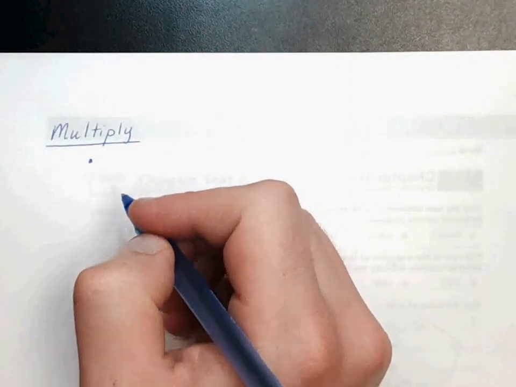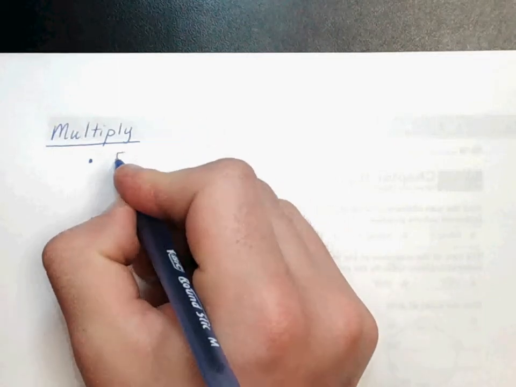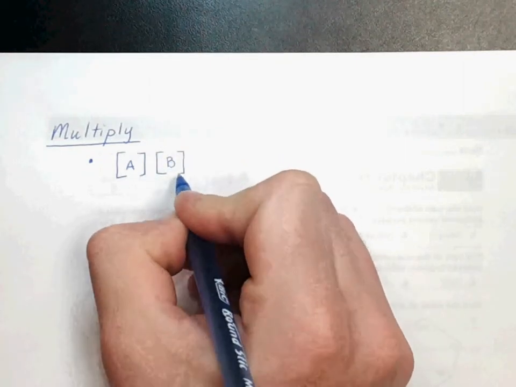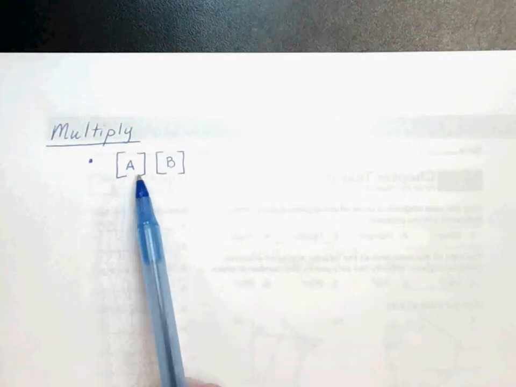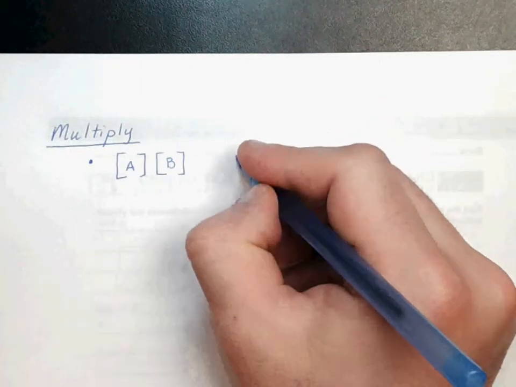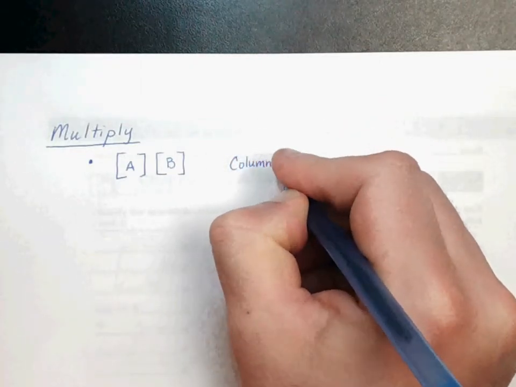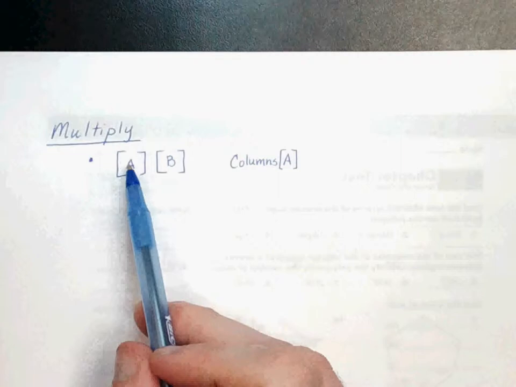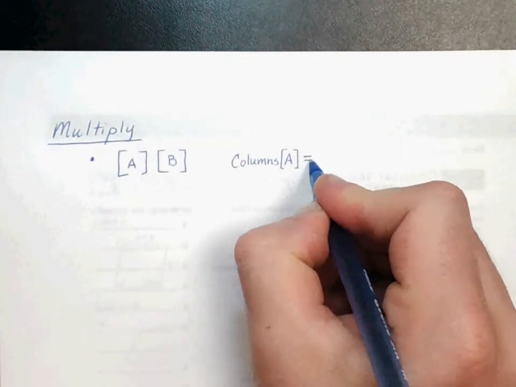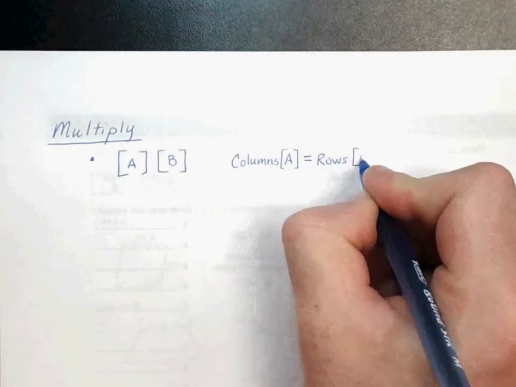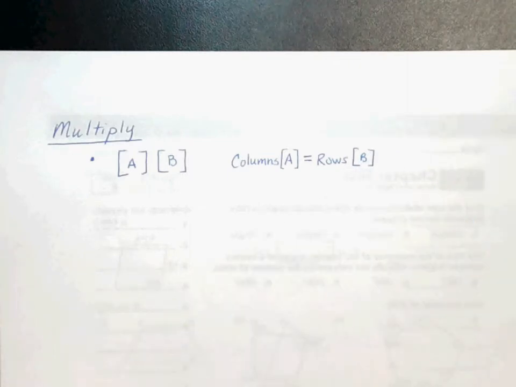Okay, when we multiply, if I have two matrices, okay, so I've got this matrix A and this matrix B. In order to multiply two matrices, okay, the columns of A, okay, so however many columns are in matrix A, has to be equal to the rows of matrix B. Okay?